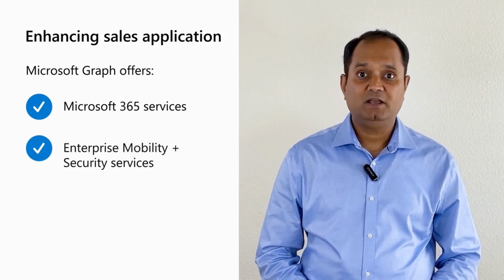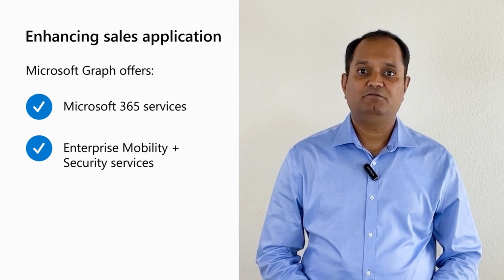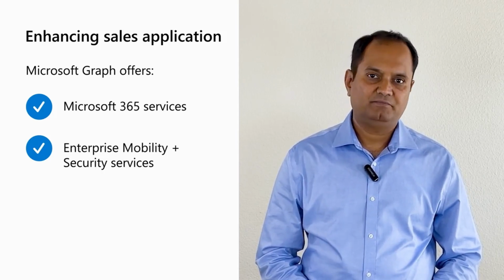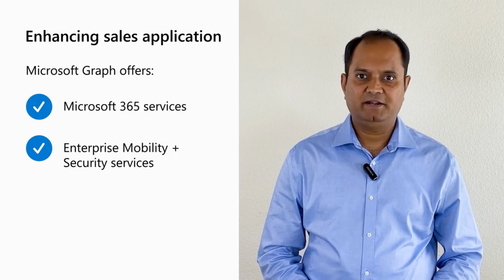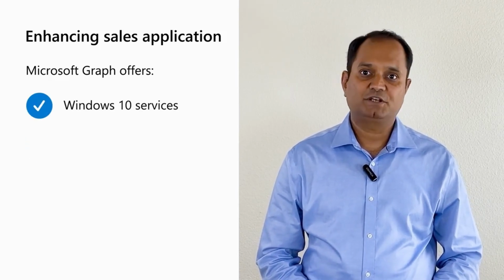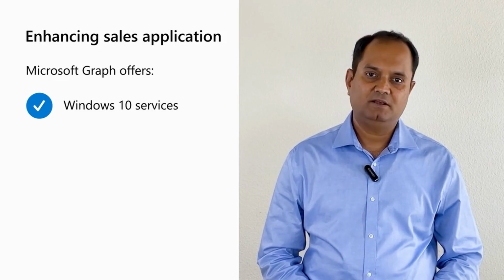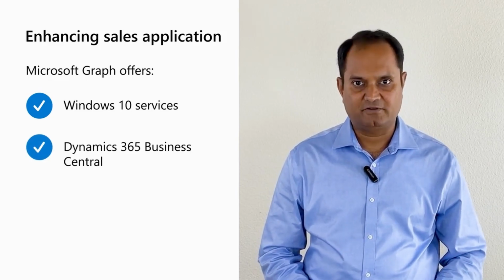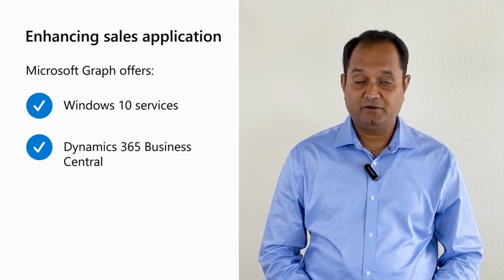Enterprise Mobility, plus security services, which include Advanced Threat Analytics, Advanced Threat Protection, Azure Active Directory, Identity Manager, Intune. Windows 10 services, which include activities, devices, notifications, and Dynamics 365 Business Central.